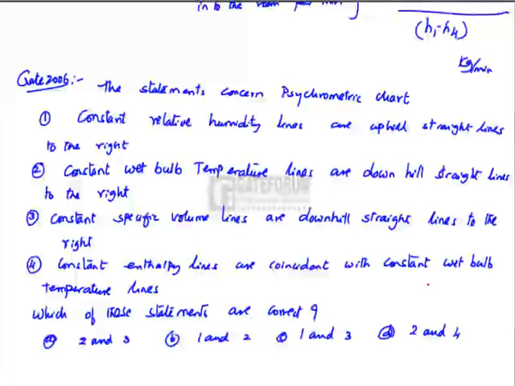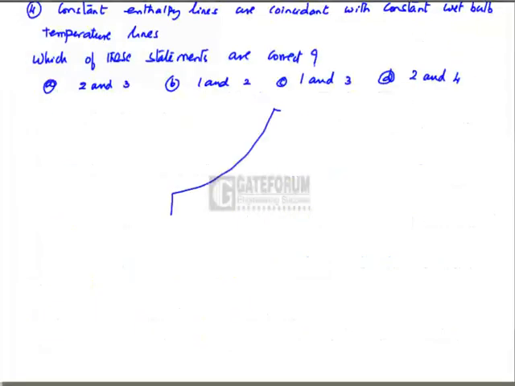Now look at the first one. Constant relative humidity lines are uphill straight lines to the right. That is absolutely wrong. In fact, constant RH lines are curves. Number 2. Constant wet bulb temperature lines are downhill straight lines to the right. That is absolutely correct. If you draw the psychrometric chart, this indicates the constant WBT line.